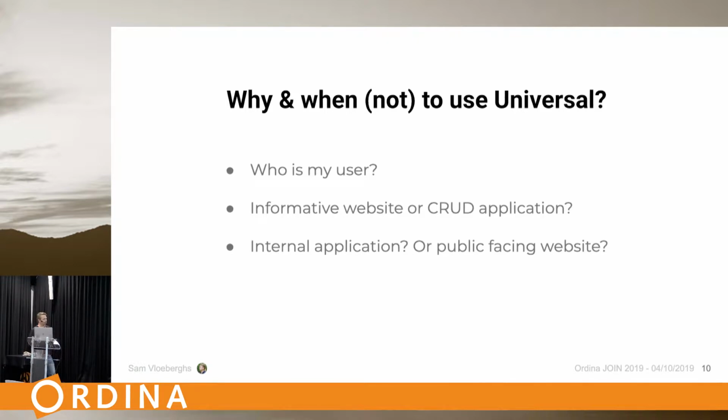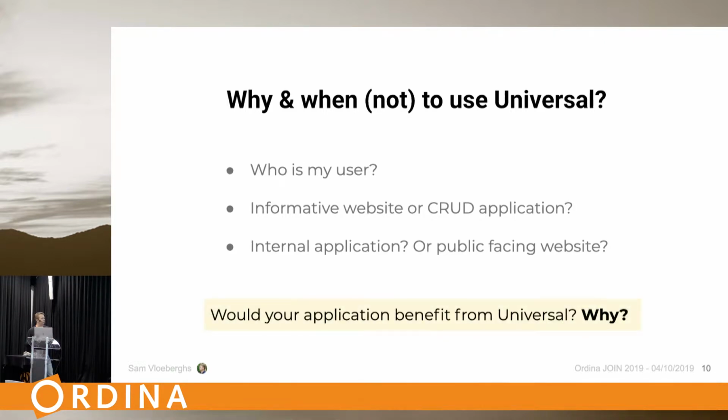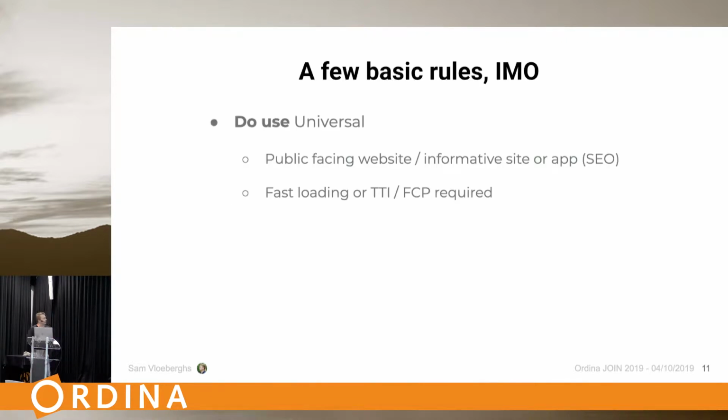So the most important question forms around all these questions, and that is, would your application or the users of your application really benefit from Universal? And what is the benefit? So some rules. Do use Universal when you have a public-facing website, for example, an informative website or an application, or you need fast loading or time to interactive, or a fast first contentful paint is required.